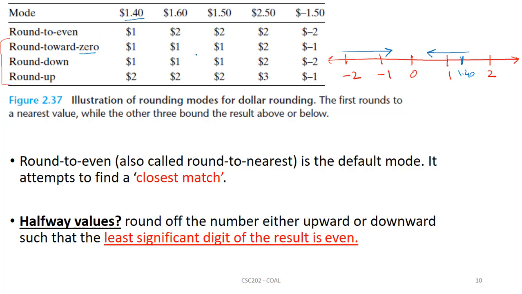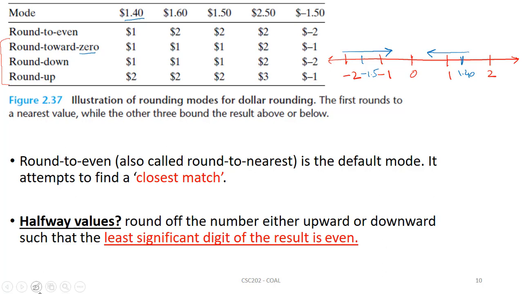Similarly, 1.6, 1.5, 2.5 will round toward 0 to the nearest integer. And here if I got the negative number -1.5, it will lie somewhere here, and it will become -1. A very simple approach.